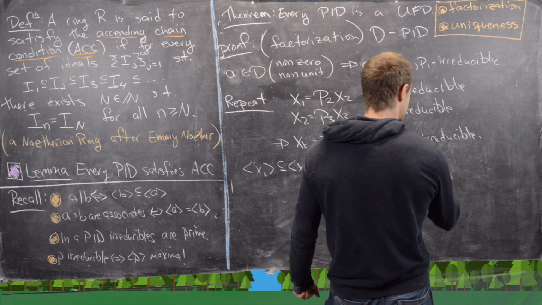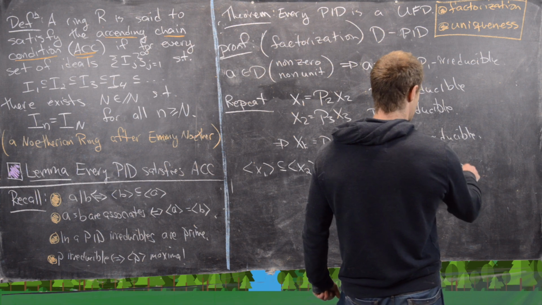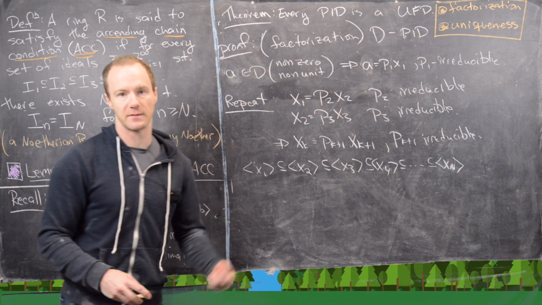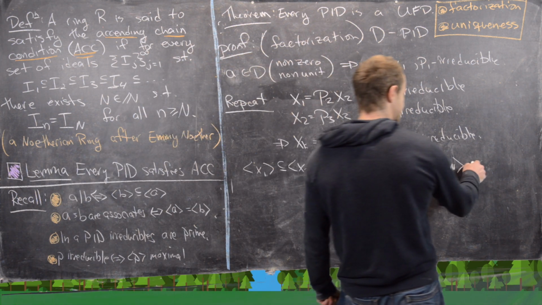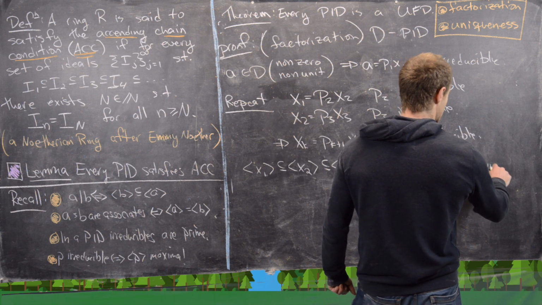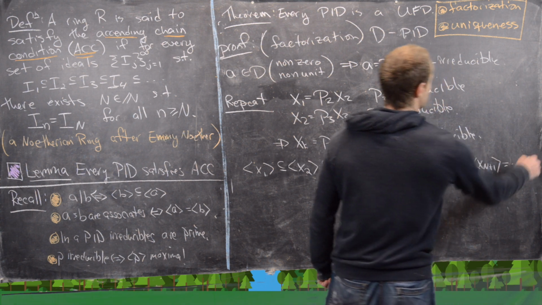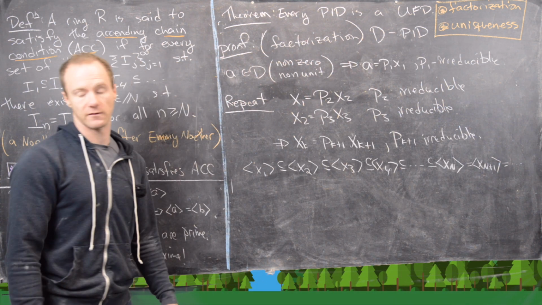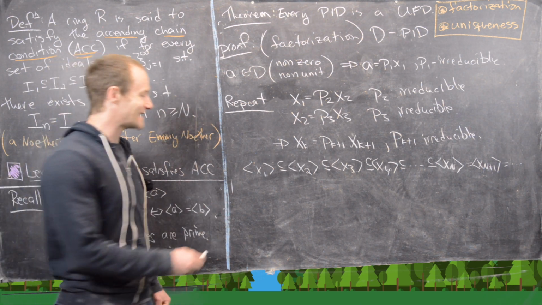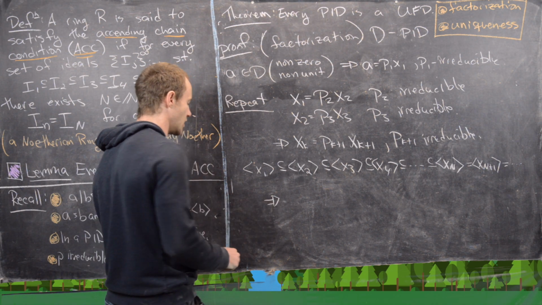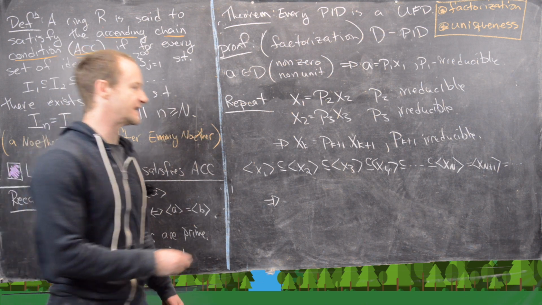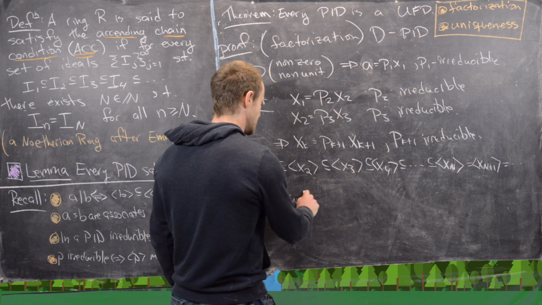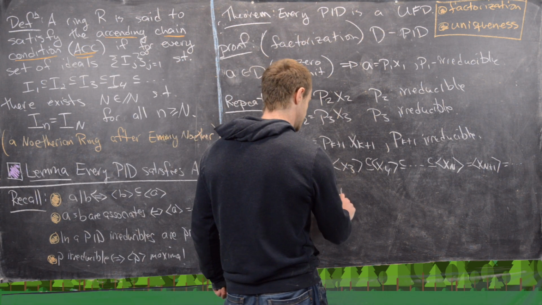So that means at some point, let's say XN, although we're reusing N from the last step, it's going to stabilize. So XN equals XN plus 1, and so on and so forth. But what that tells us, again, by the argument that we made in the first place, is that XN is an irreducible.